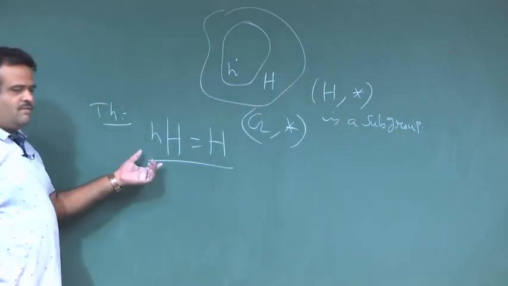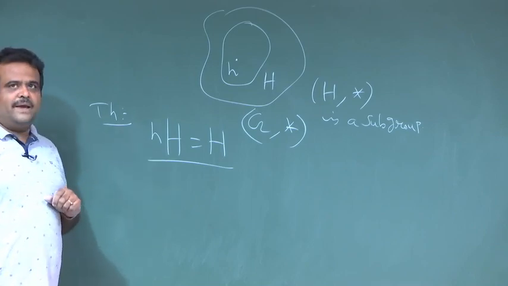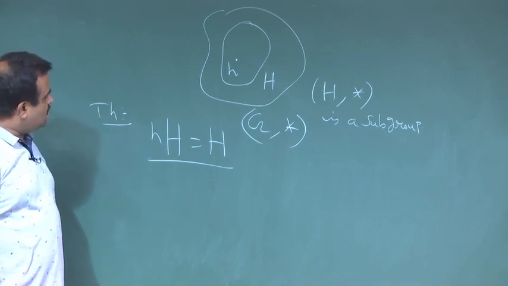So, if we take the element from H itself, then it will give us the same set H. So, how to show that?